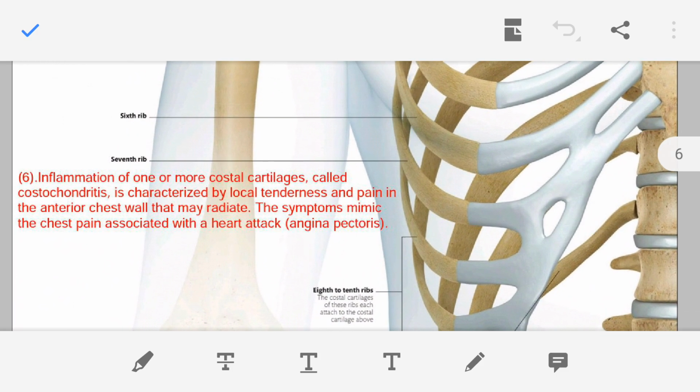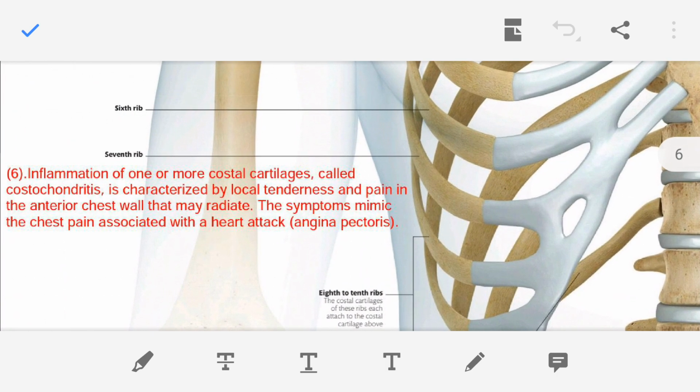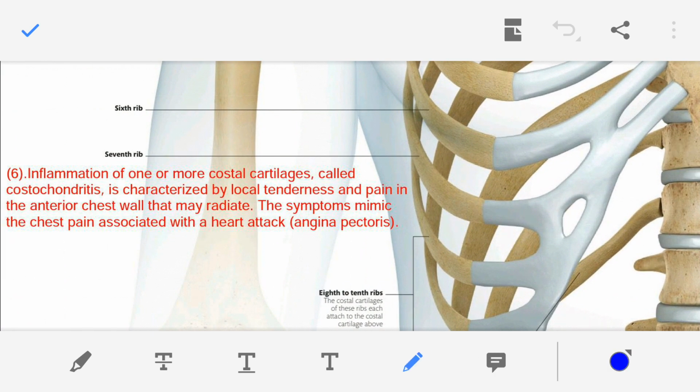Now sometimes in some person, what happens, these costal cartilages, due to some reason, are getting inflammation.